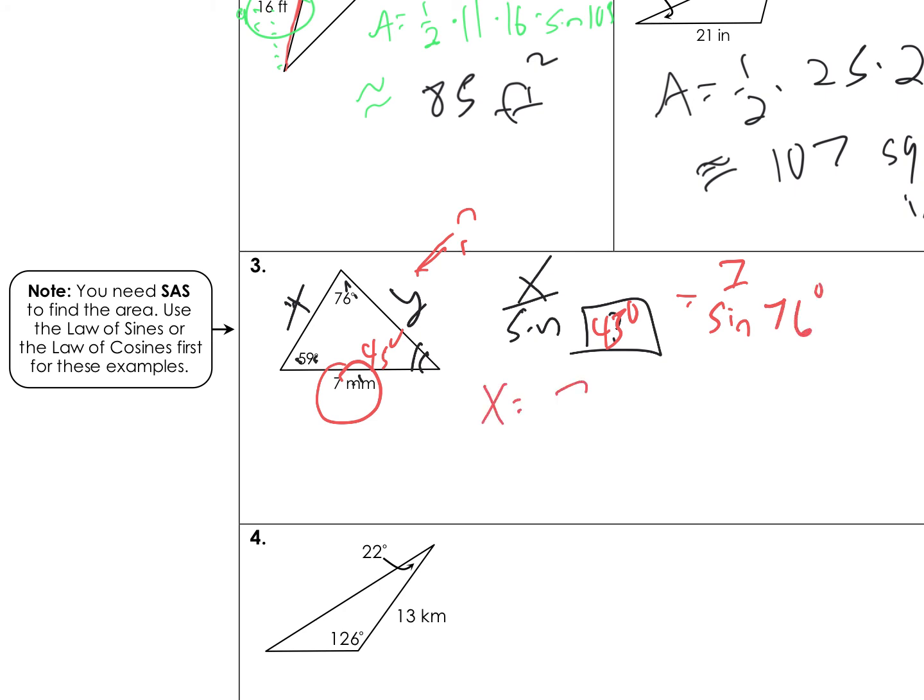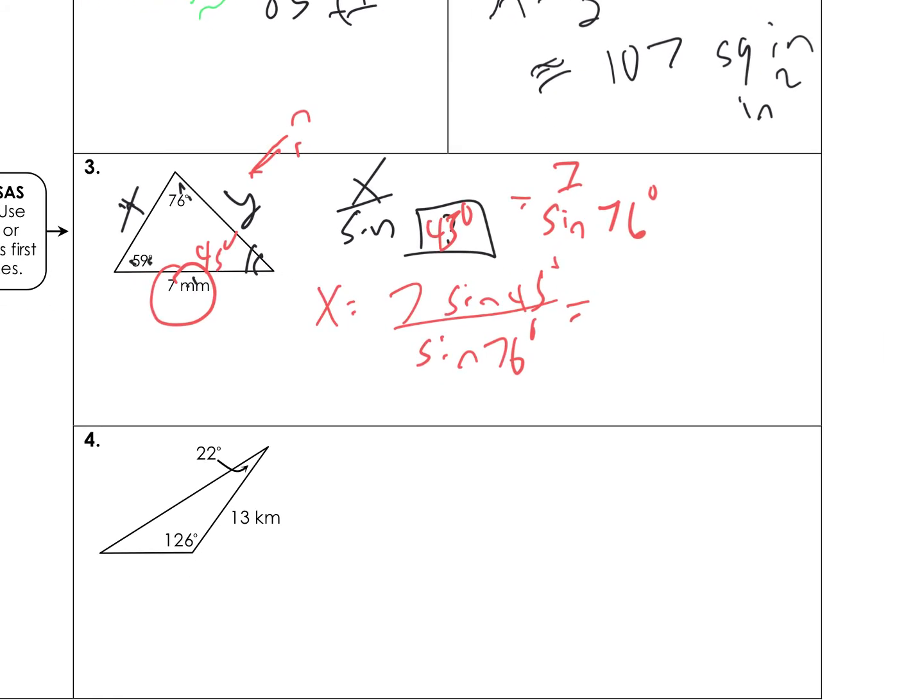X equals 7 sine of 45 degrees over sine of 76 degrees. Could someone key that in? I got bad news. We're not done yet. Seven sine of 45 divided by sine of 76.